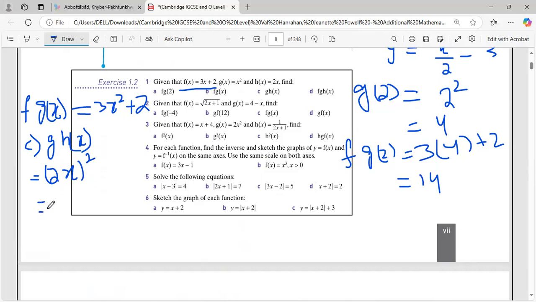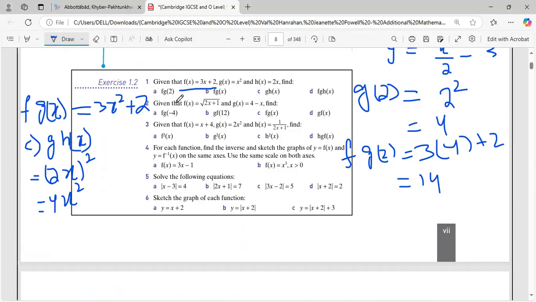That will be equal to 4x squared. And similarly, when we have to find f of g of h of x, first of all you find g of h of x, right? And then you put that value in the function f, then you get f of g of h of x.